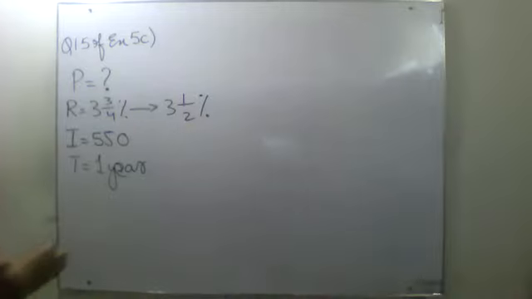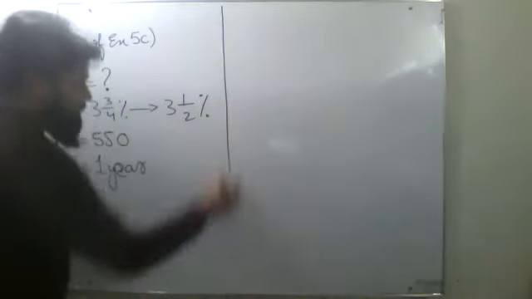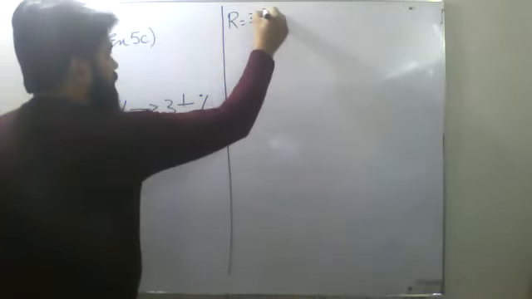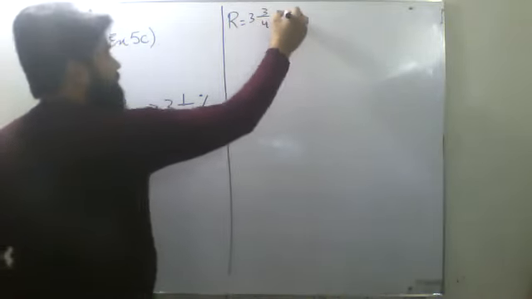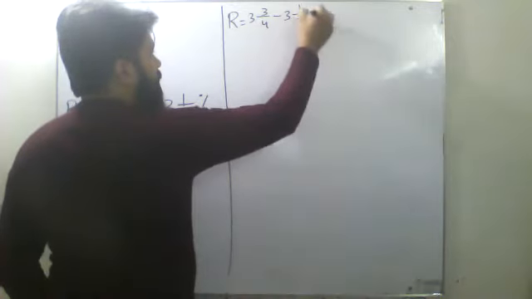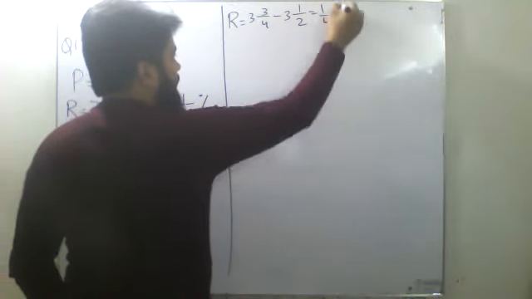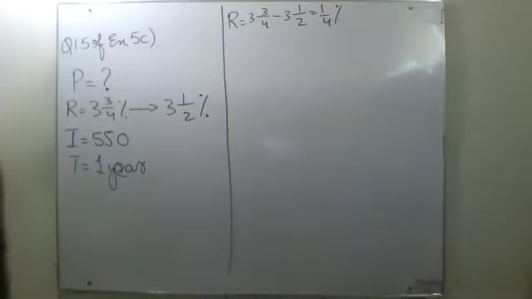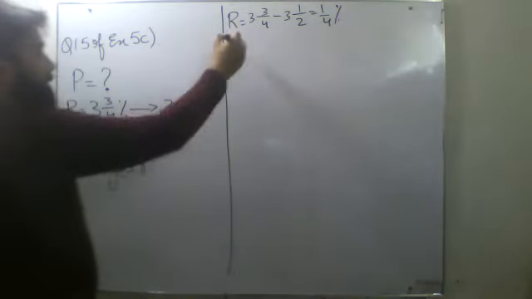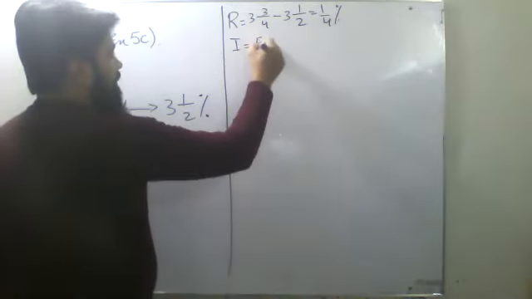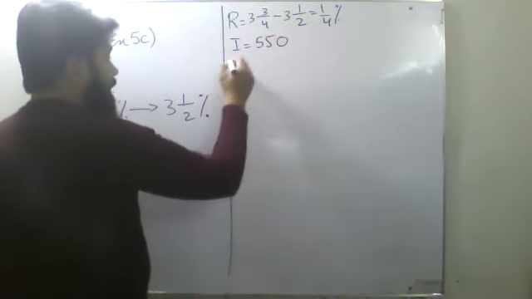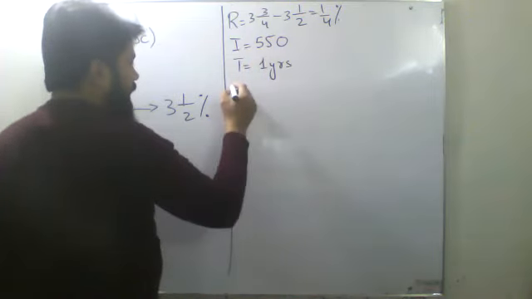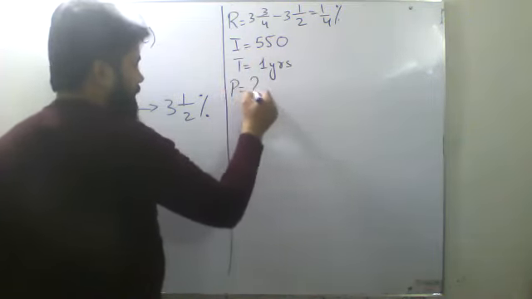When I decrease this, it is coming 1/4%. The decrease is 1/4%. Interest is given $550, time is 1 year, and I have to find how much principal is given.